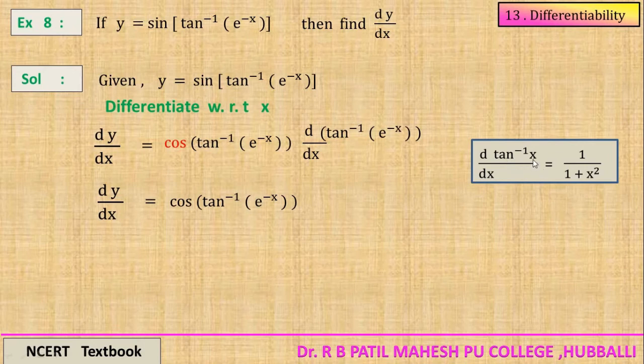In place of x, if we have f of x, then you know how to follow it: 1 divided by 1 plus function square into derivative of function. So here we have the same case. Here we have a function. Therefore the derivative is written as 1 divided by 1 plus the square of the variable, that is e raised to minus x whole square, into d by dx of e raised to minus x.